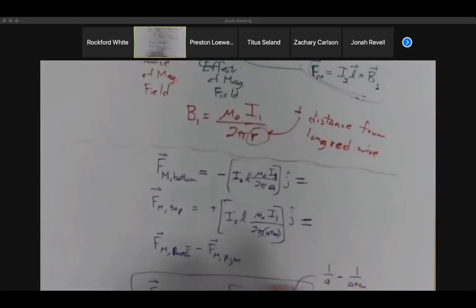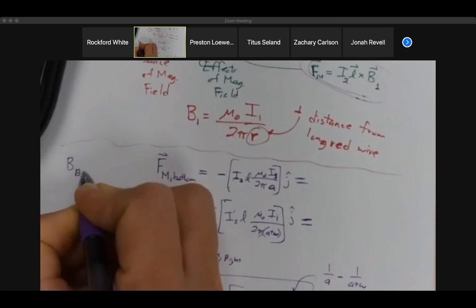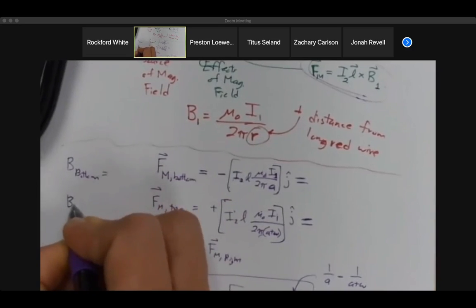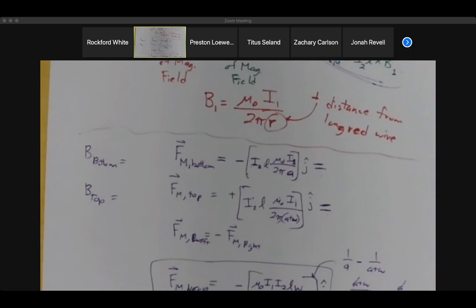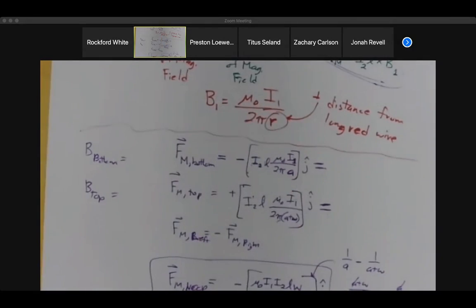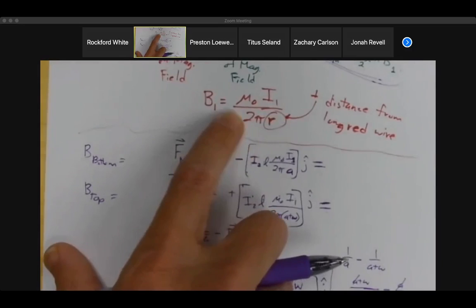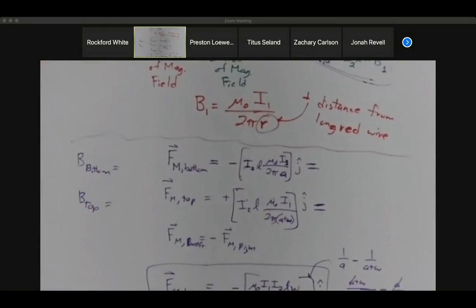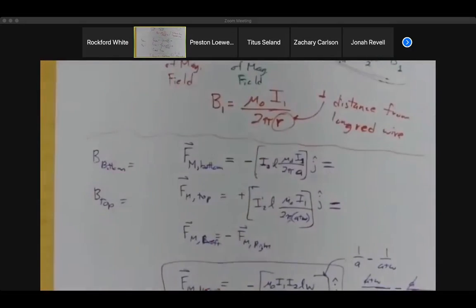Okay, first of all, magnetic field at the top, maybe I'll put that number over here. B at the bottom and B at the top. I think I'll just write those numbers for intermediate steps. Mu naught is 4 pi e to the minus 7 times current in the bottom wire is 5 amps divided by a factor of 2 pi, which of course mu naught over 2 pi ends up being just 2 times 10 to the minus 7. 2 pi times the near edge is only 2 centimeters, which I'll write as 0.02 meters.